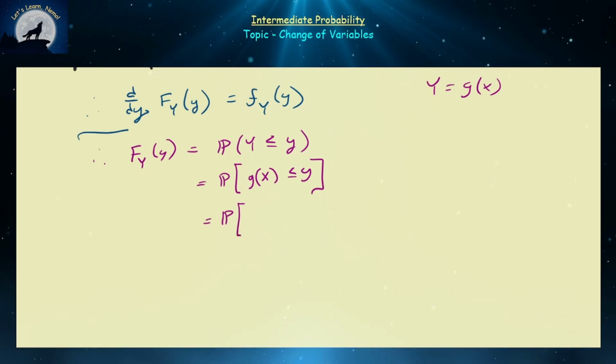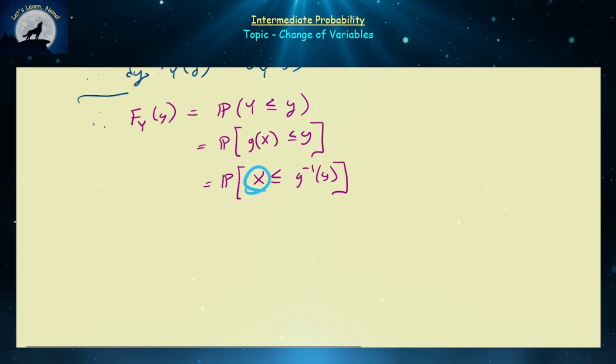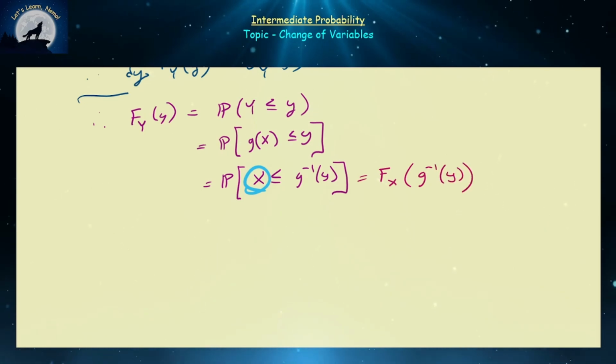So this is going to be equal to the probability that x is less than or equal to g inverse of y. And that's a probability statement about the random variable x. So this is precisely equal to the cumulative distribution function for x evaluated at the number g inverse of y. So we have that F_Y(y) equals F_X(g inverse of y).